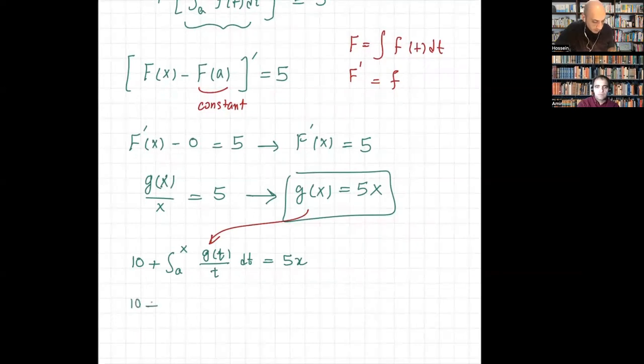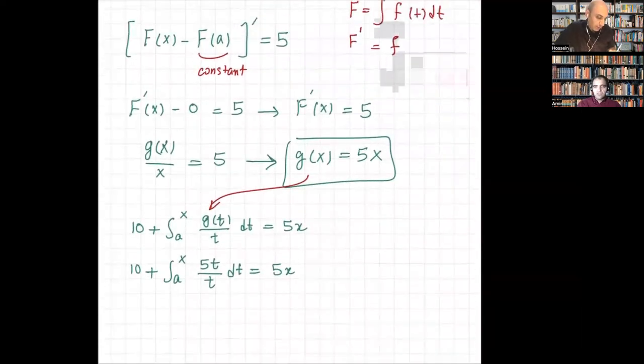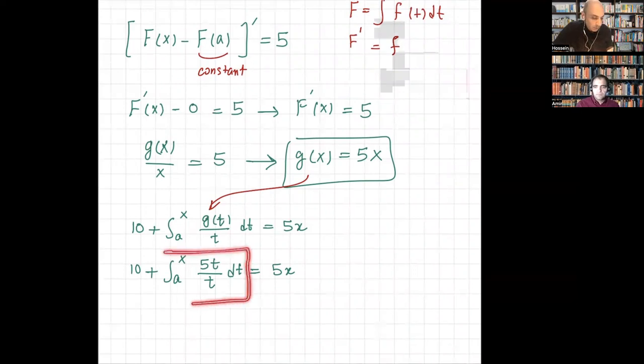So I have 10 plus the integral of a to x, g of t is 5t, times 1 over t dt, equal to 5x. The inside of the integral should be in terms of t, so that's why you wrote it as 5t. Once you evaluate the integral, the result is in terms of x.